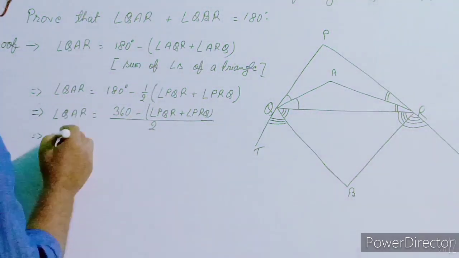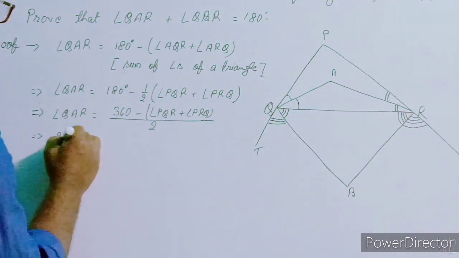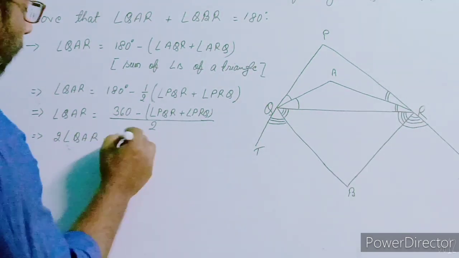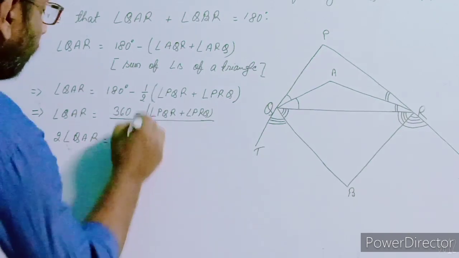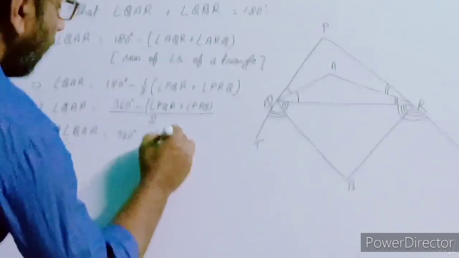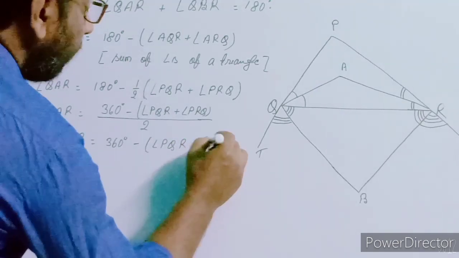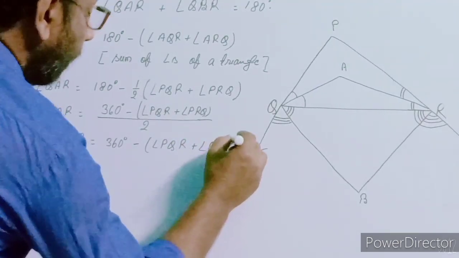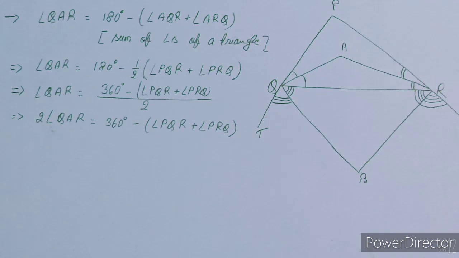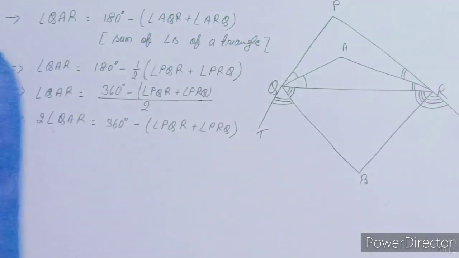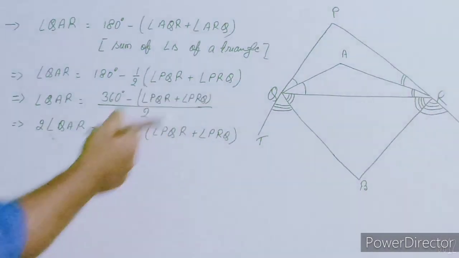So by cross multiplication, twice of angle QAR equal to 360 degree minus angle PQR plus angle PRQ. Similarly, we can find this angle QBR.